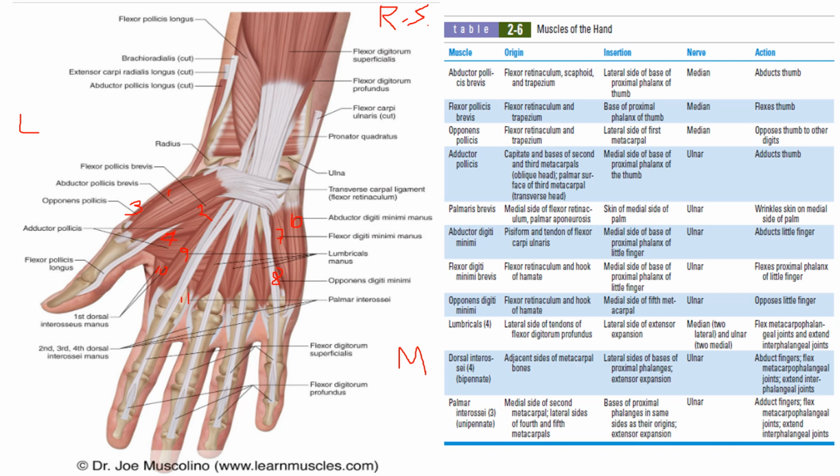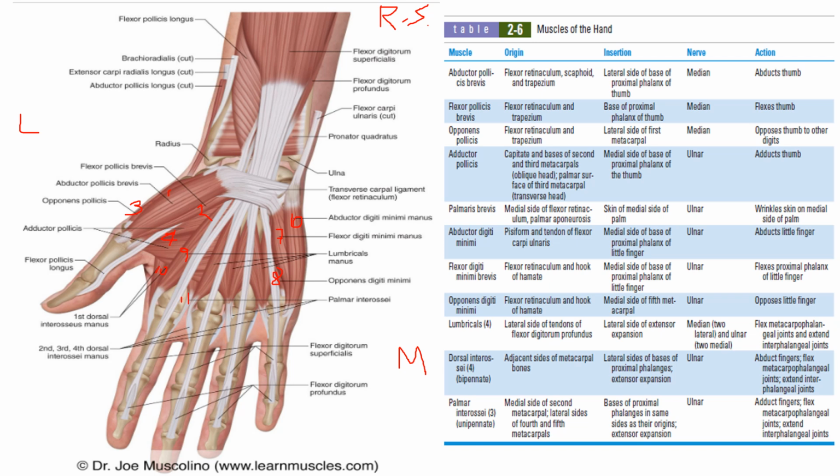Let us start with the abductor pollicis brevis over here. For orientation, this is a right hand. It is supinated, and to the left of our hand is the lateral aspect, and to the right is the medial aspect.